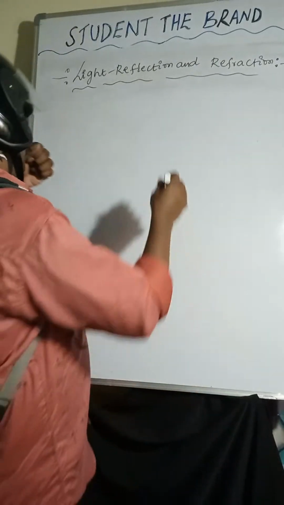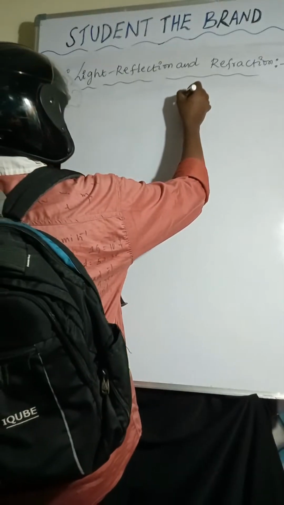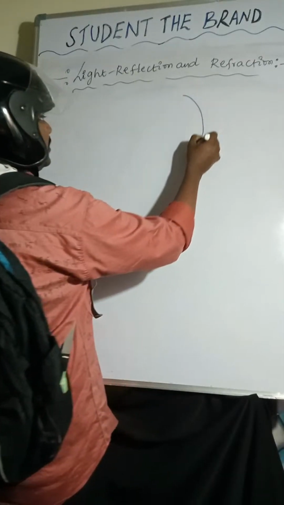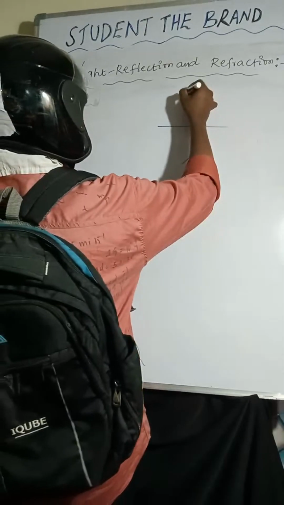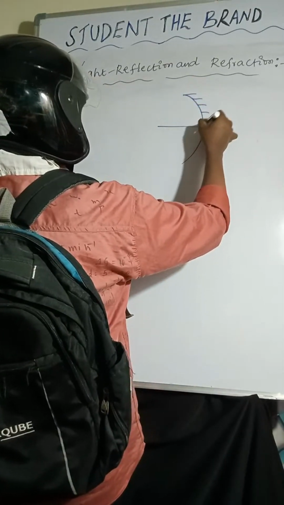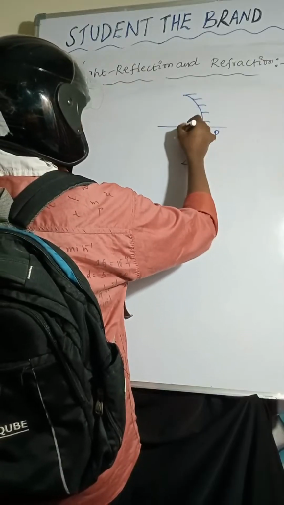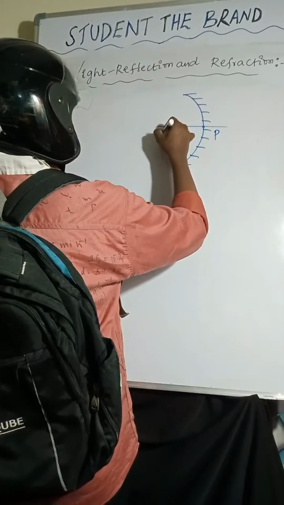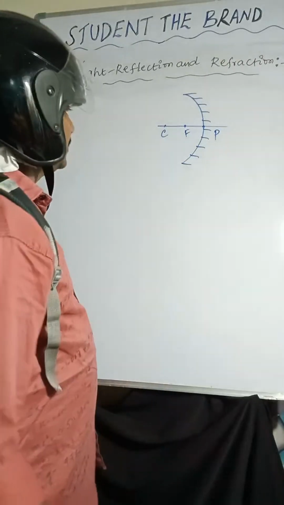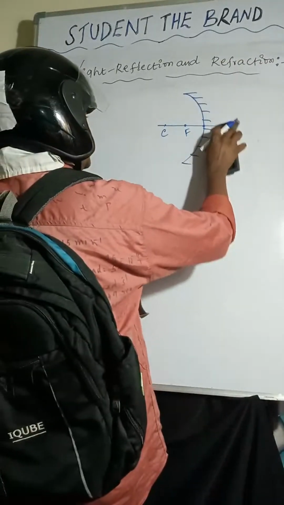Now you can see here the concave mirror, with pole, focus, and center of curvature. Actually, these points we need to discuss.